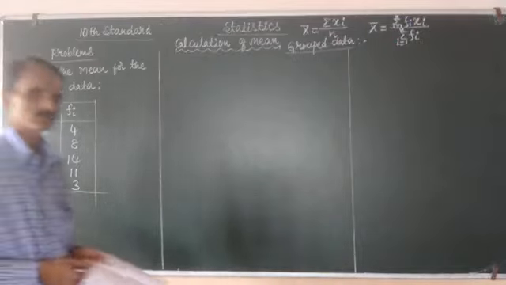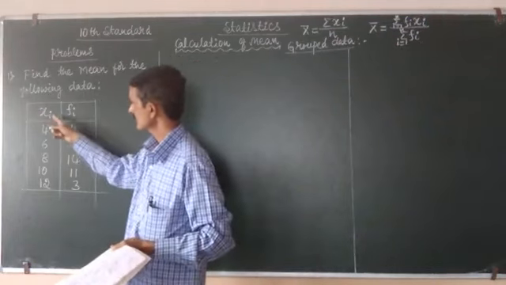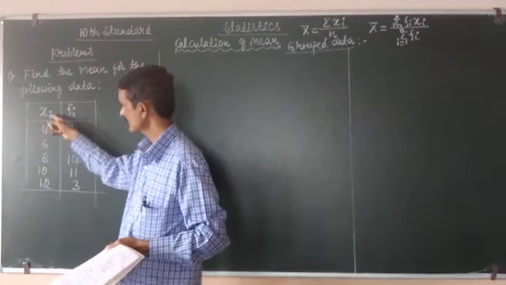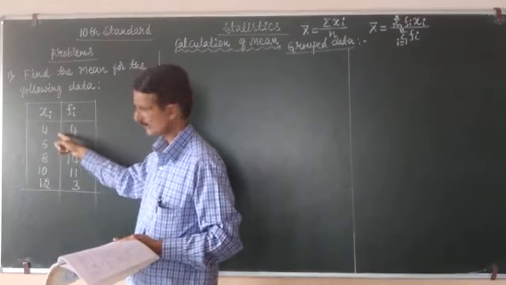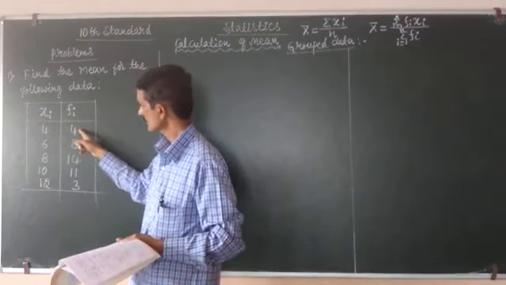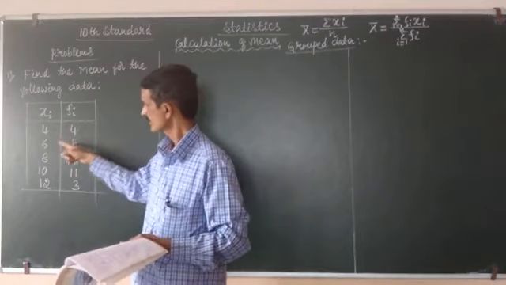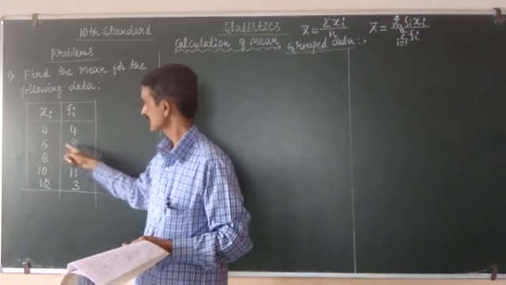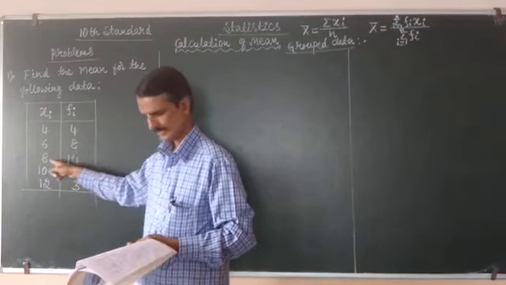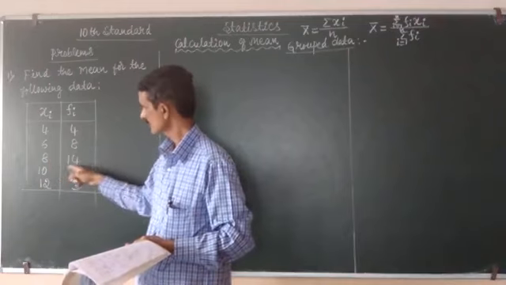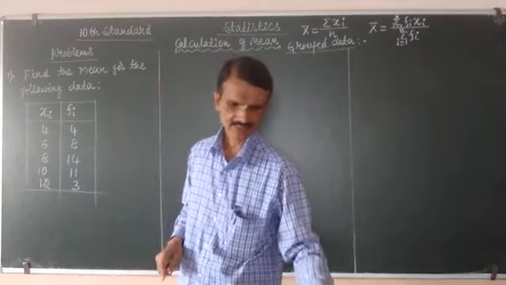This is the problem we are going to simplify. The score 4 has frequency 4, that means it is repeated 4 times. Score 6 has frequency 8, 8 has frequency 14, 10 has frequency 11, and 12 has frequency 3.